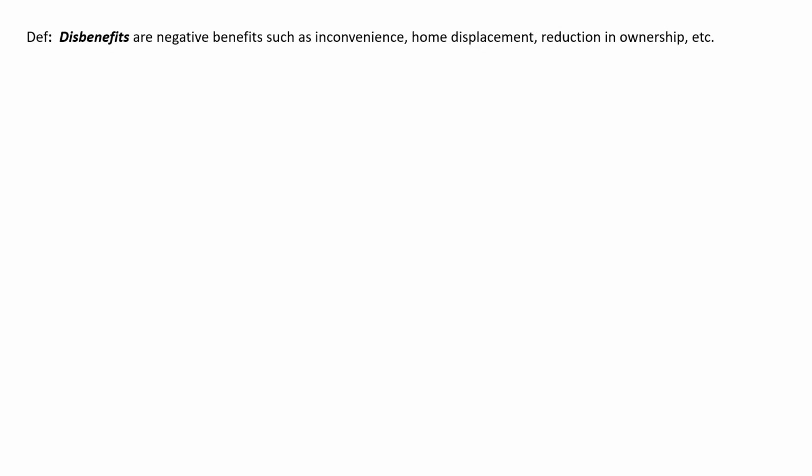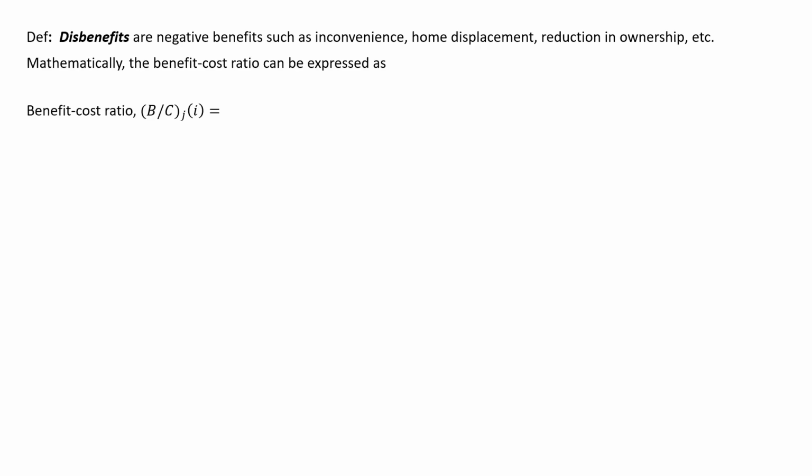You have to get those people to move, so home displacement. They need to be displaced because the road is going to run right through their house. That is the disbenefit especially to the homeowner. Also, when all this road construction is going on, there would be quite a bit of inconvenience to the local public, and reduction in ownership. All these are disbenefits.